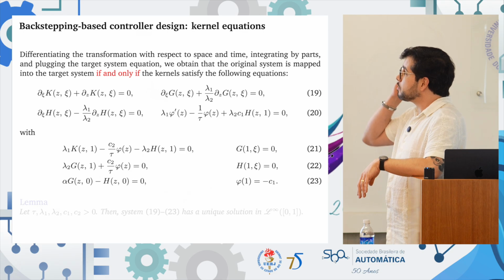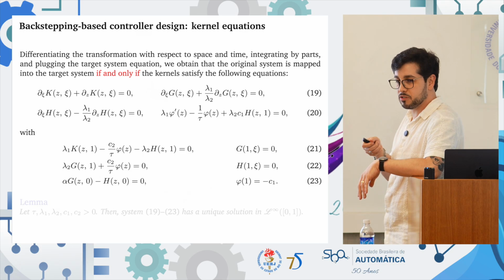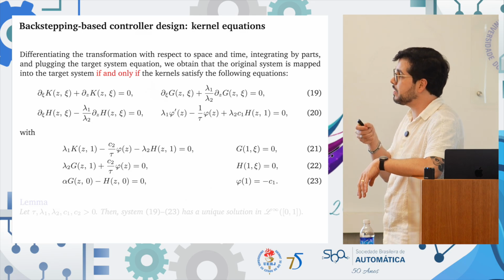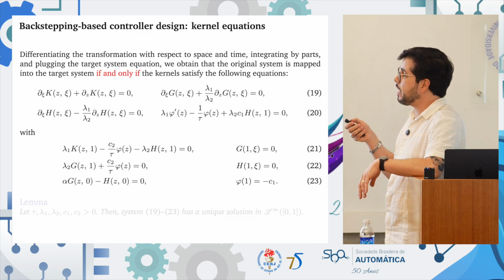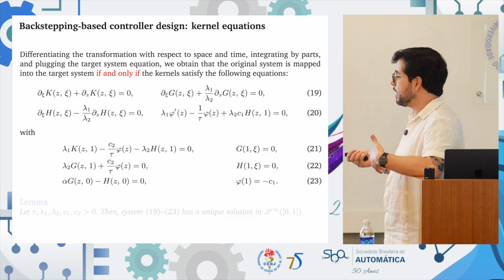To find the equations of the kernels, we have to substitute this transformation into the original system and see how the kernels have to be in order to cancel the undesirable terms and get the target system. In the end, we will have the target system if and only if the kernels satisfy these PDEs and this ODE together with the boundary conditions here.